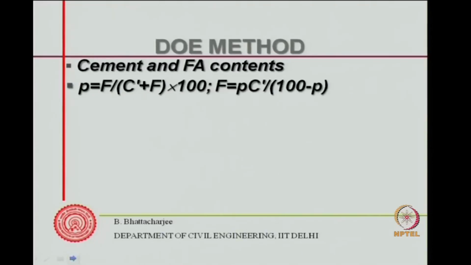First, you find P, which is given by C divided by C dash plus F, into 100. So F can be expressed in terms of P: F divided by C dash plus F is given by P by 100.